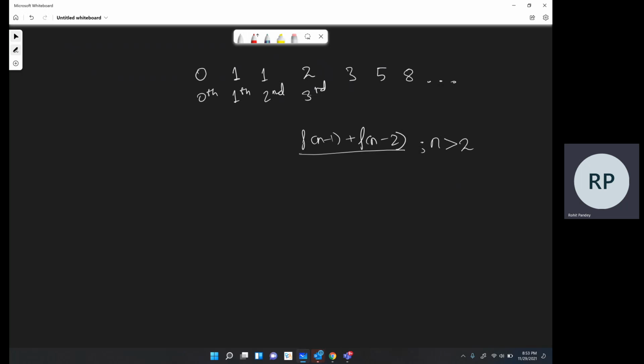Otherwise, fn is just n, conveniently, because we see here that f0 is 0, f1 is 1. But from here on out, fn is basically the sum of the previous two terms. So we can already use this recursion and write a neat Python program.